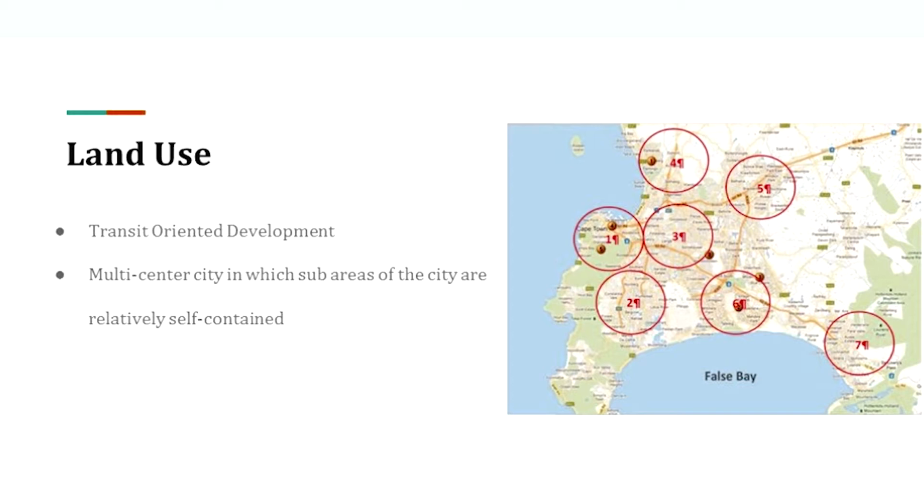People that live here would never find a job in the city, because public transit represents 25% of their monthly income. So creating multi-center cities would help them create their own work and living area.